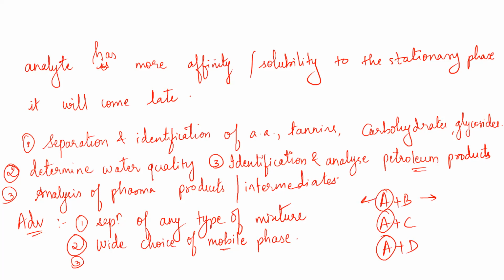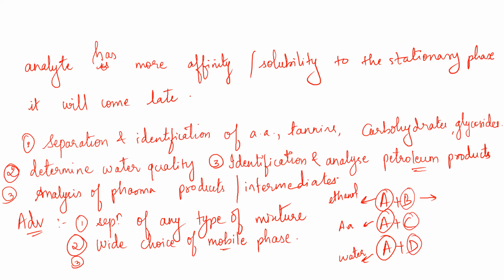It is also soluble in ethanol. Say it is also soluble in acetic acid, and it is also soluble in water. This is just an example. Now the other analytes B, C, and D, their solubility is different.